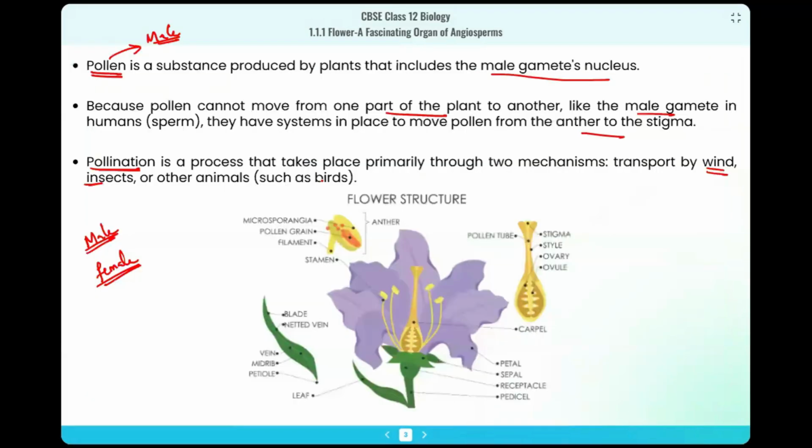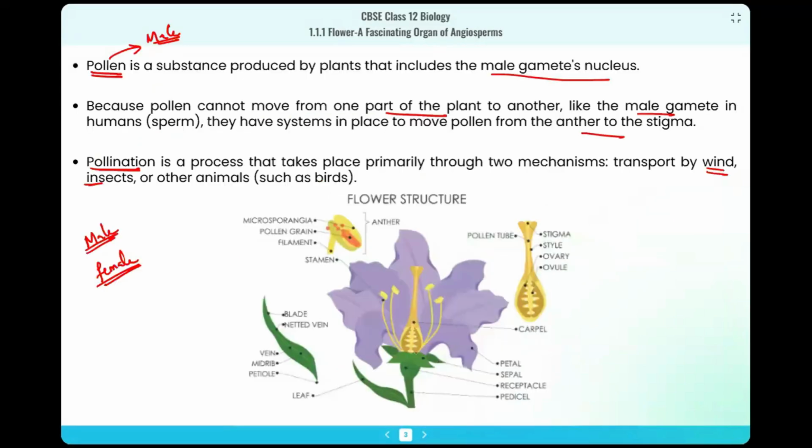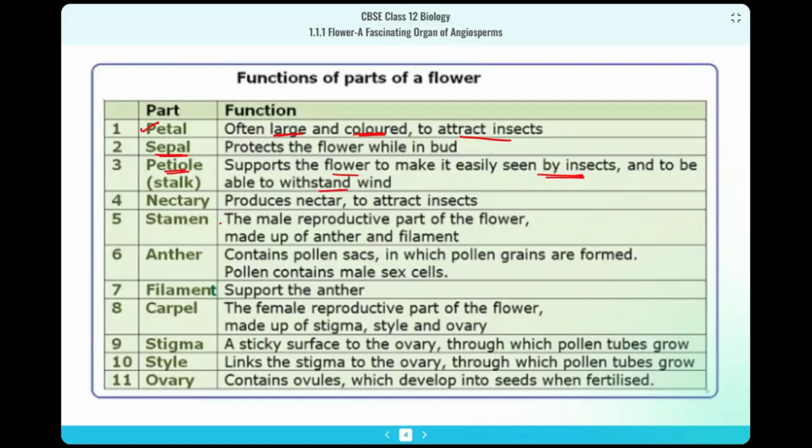Here you can see in this diagram the petiole supporting the flower, which helps the flower attract the insects. Next is the nectary. We can connect this term to nectar, which it produces. It also attracts the insects. Next is the stamen.